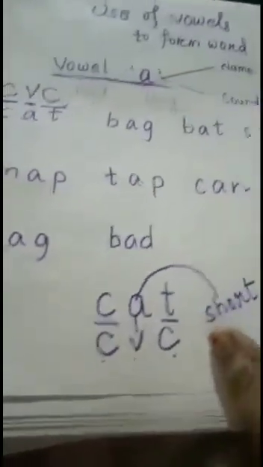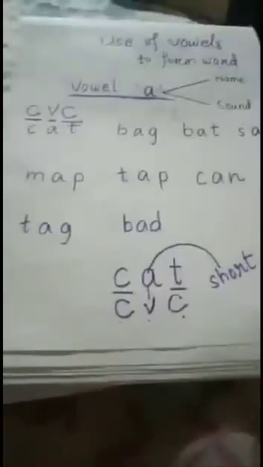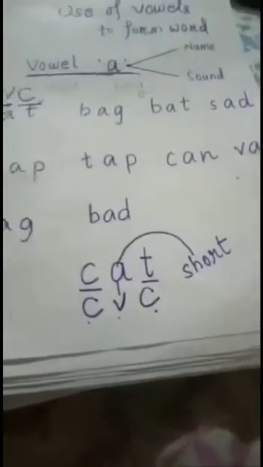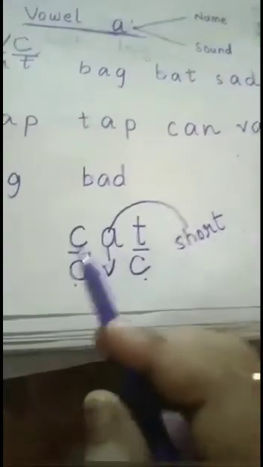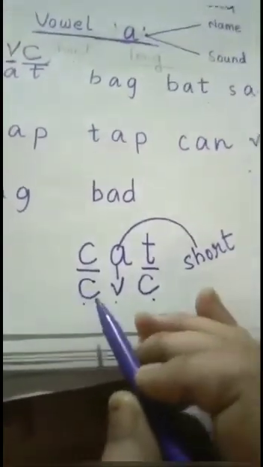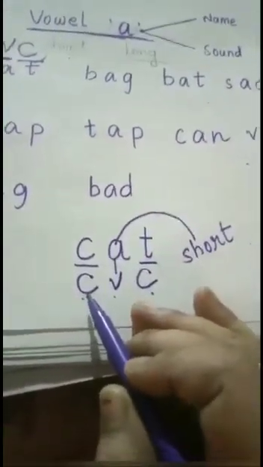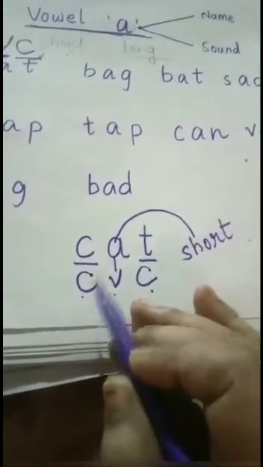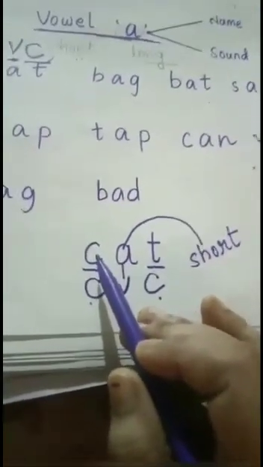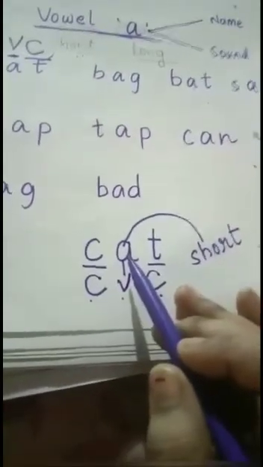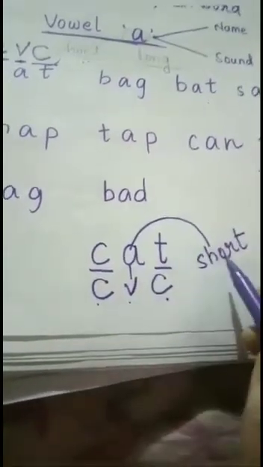Now let's blend these letters. Not the letters, but the sounds of these letters. What is the sound of C? Try to recall. K, k, k. The sound of C is k. The sound of A? Which sound? Short sound.